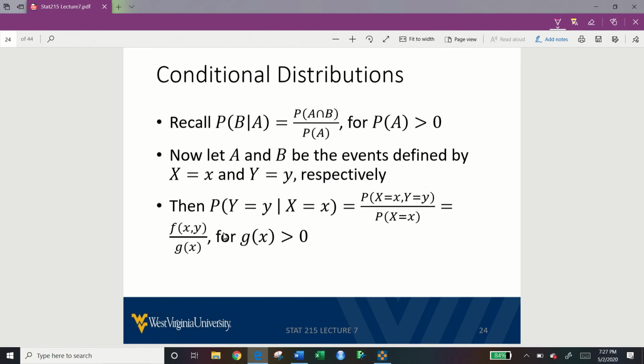Then the probability of Y equals y given X equals x equals the probability of X equals x, Y equals y over the probability of X equals x, which we can simplify to f(x, y) over g(x) for g(x) greater than 0. So now you can see that for conditional distributions, it is our PMF or PDF over our marginal distribution.